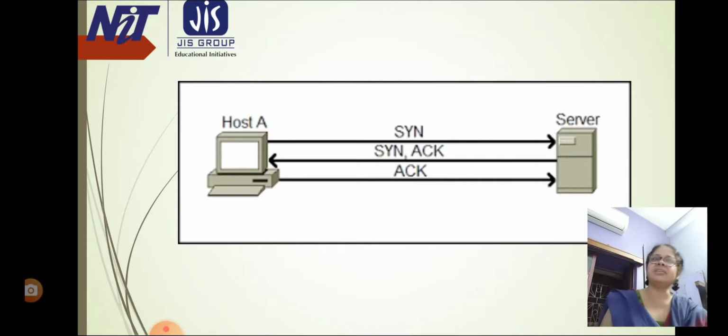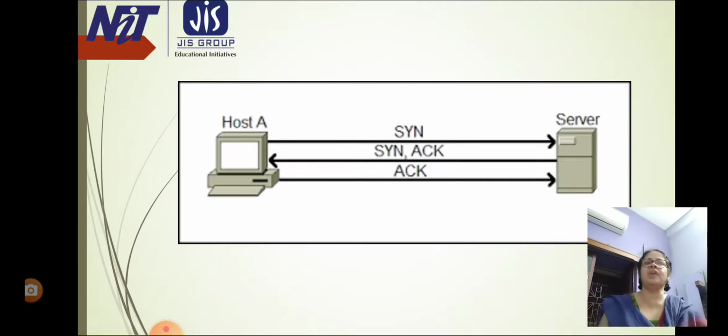The server receives the synchronization packet from the client node. When a server receives the synchronization packet from the client node, it returns a confirmation receipt, the acknowledgement number packet or synchronization and acknowledgement packet. This packet includes two sequence numbers.